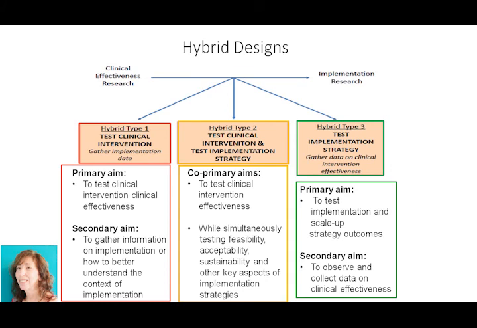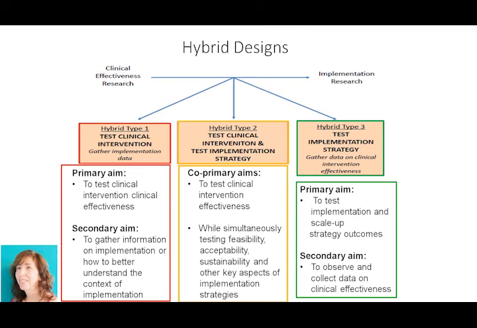As a summary, in hybrid type 1 designs, the primary focus is on testing the clinical effectiveness of the intervention. The secondary focus is to explore implementation-related factors. This design could be a traditional effectiveness study, for example, plus a process evaluation. The primary aim is clinical effectiveness, the secondary aim, implementation outcomes.